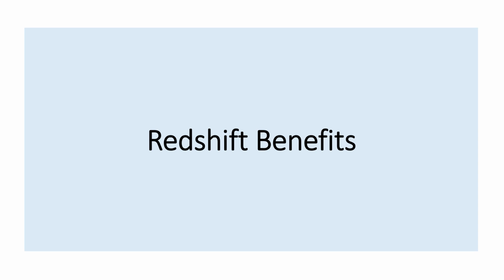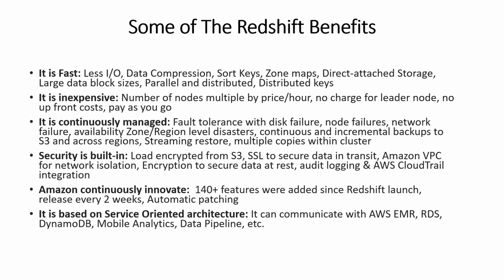In this section, I will cover Redshift benefits. I have listed some of the Redshift benefits here. It is fast, it is inexpensive, it's continuously managed, security is built in, Amazon continuously innovates, and it is based on service-oriented architecture.